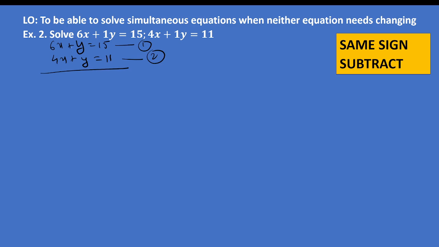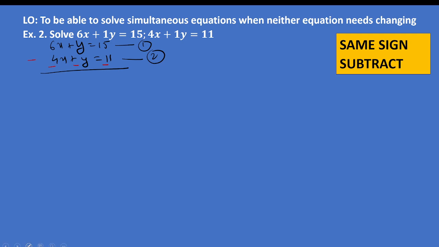So now again we have the same terms in y. In place of y, we have the same term. So what we are going to do here is focus on the signs of the y term. Both signs are plus plus, that means they are actually the same. So what we are going to do is put the subtract sign, because whenever we have the same sign, we go for subtraction.